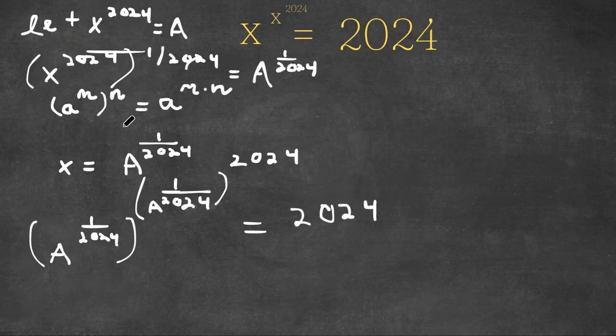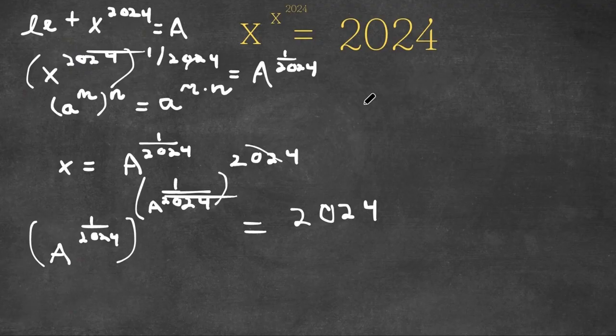Now remember, a to the power of m to the power of n is equal to a to the power of m times n, meaning a to the power of 1 over 2024 to the power of a to the power of 1 over 2024 to the power of 2024. Well, 2024 times 1 over 2024, these two cancel out, and it's simply 1.